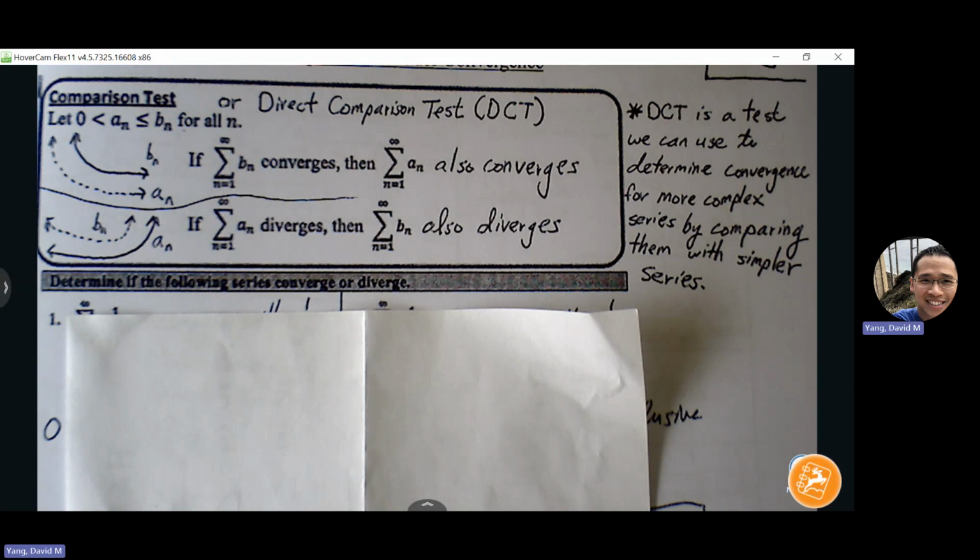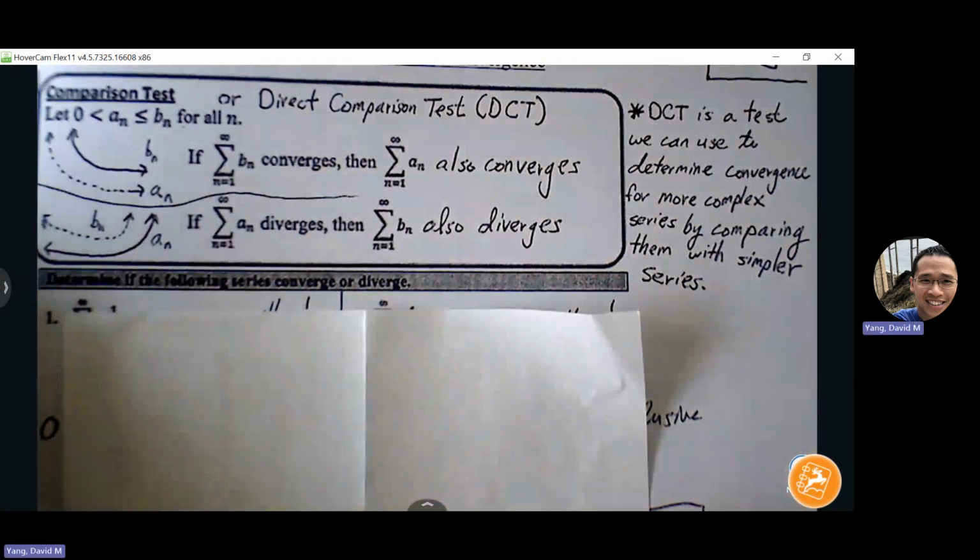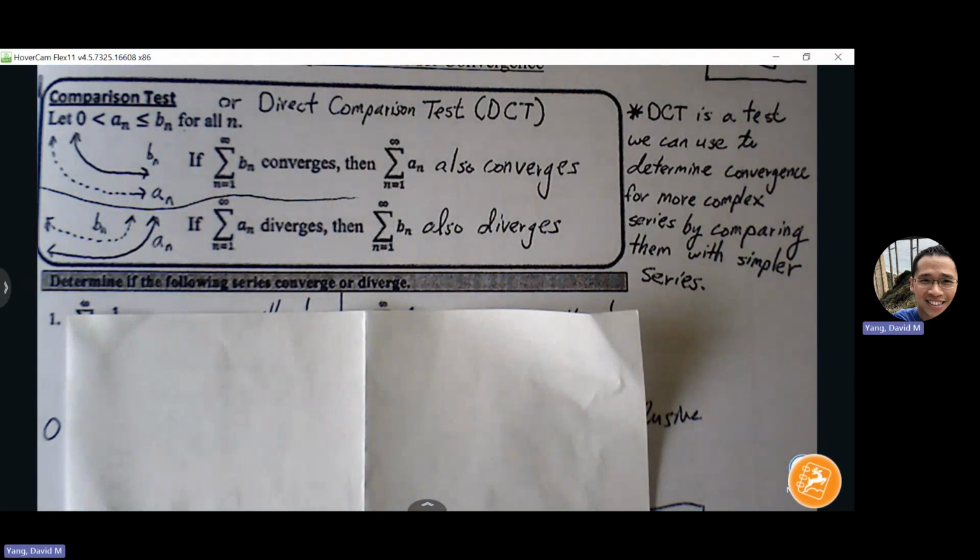But typically this is the least used test because we can usually find something faster and easier, but we'll still need to practice through it. So let's look at number one after you guys had a chance to copy that down.